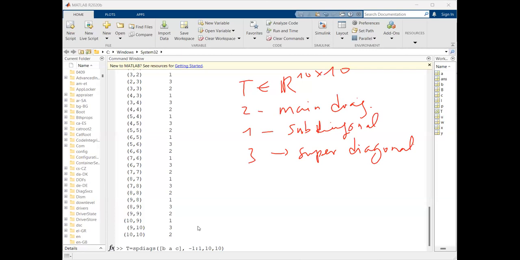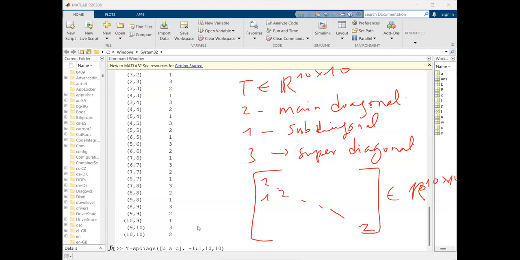So this means that we have a matrix where we have 2 on the main diagonal, and then we have 1 on the sub-diagonal.